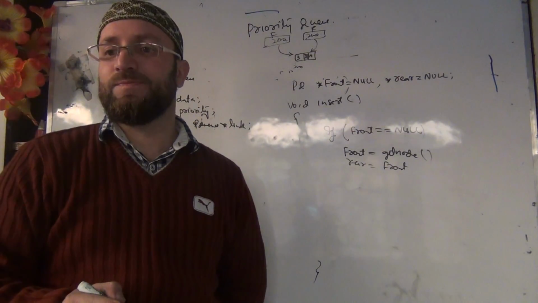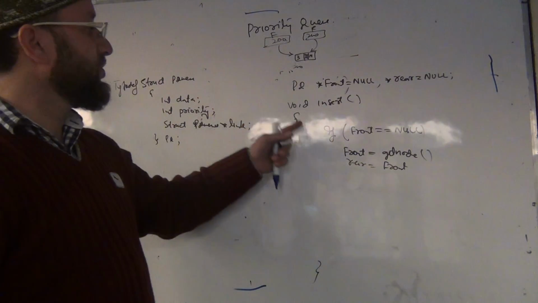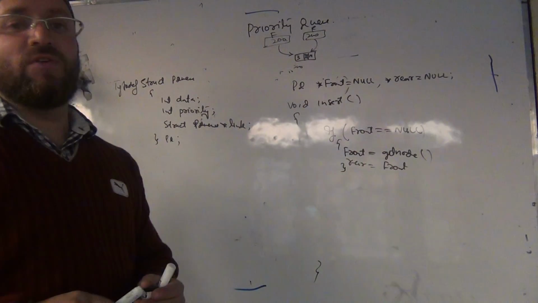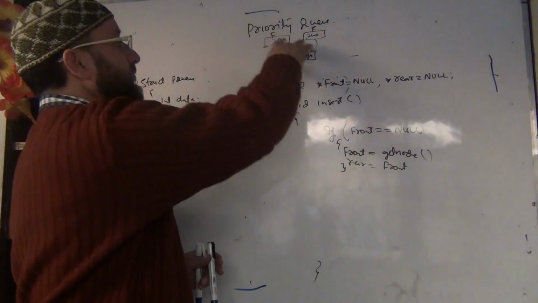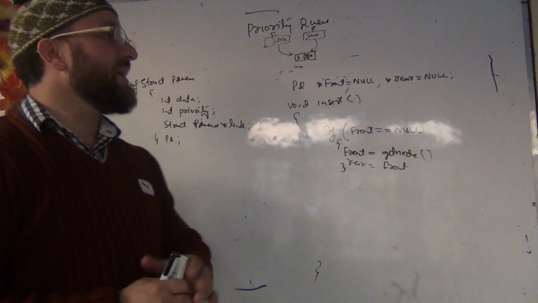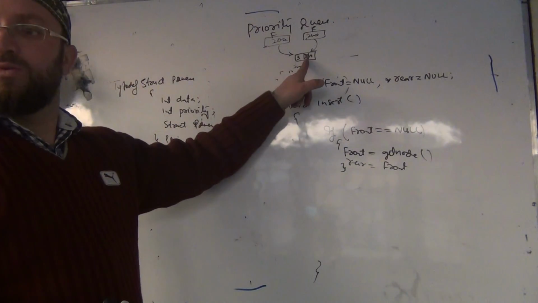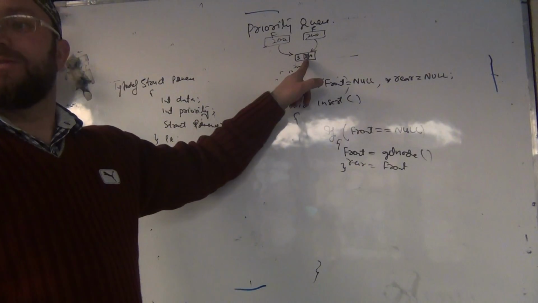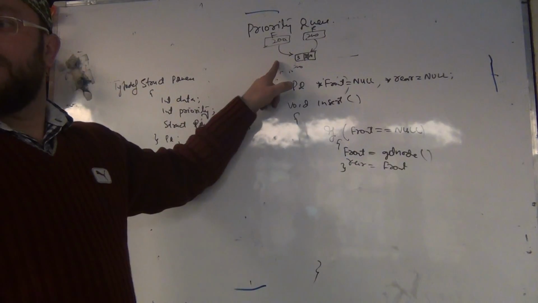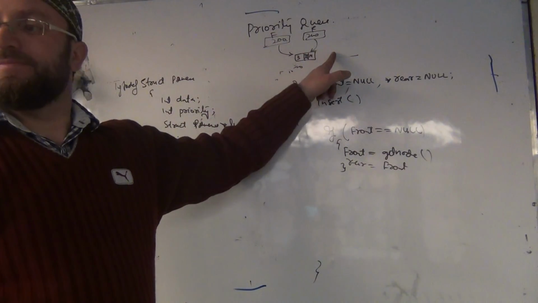If you have a second node, now this if condition will never be true, because front is not null anymore. It has something, because we have one node. The question is, if a node comes, maybe its priority is lesser than 2, or maybe its priority is greater than 2. If the priority is greater than 2, then it should be here. If it is less than 2, it should be here.